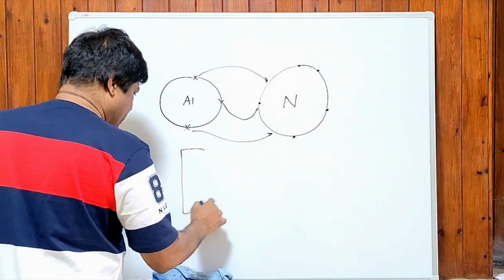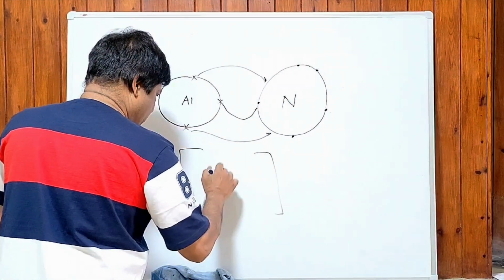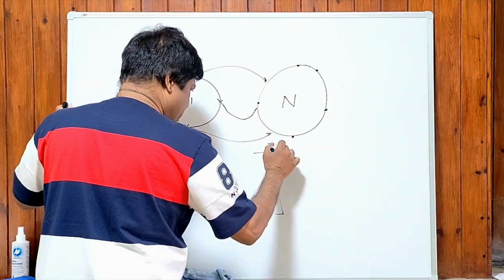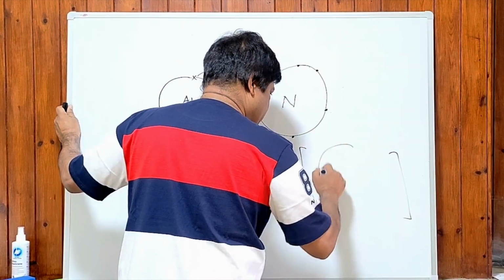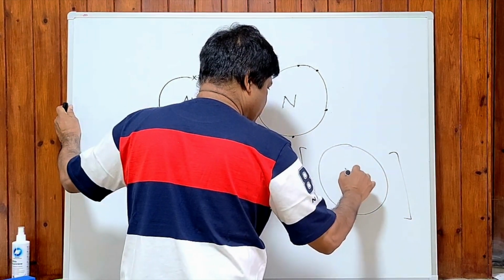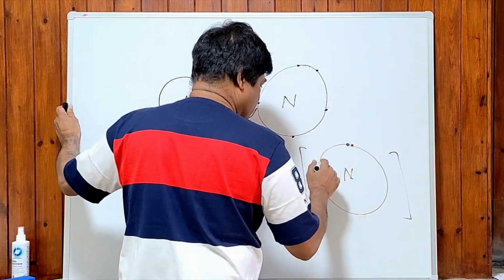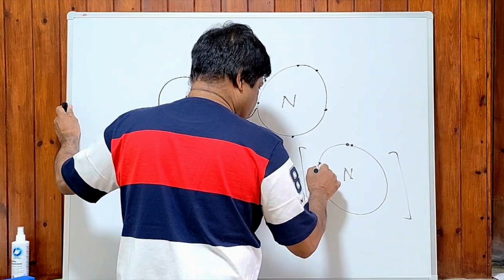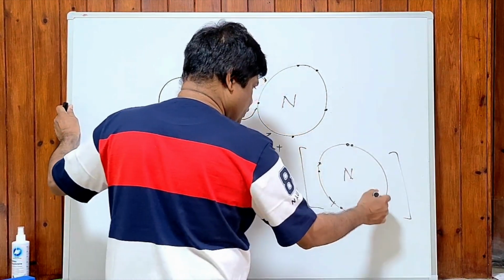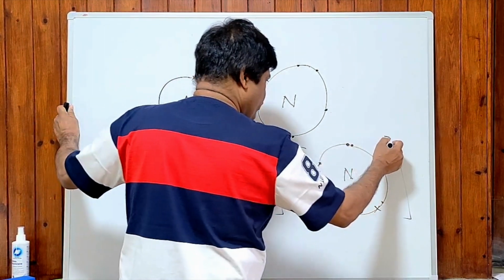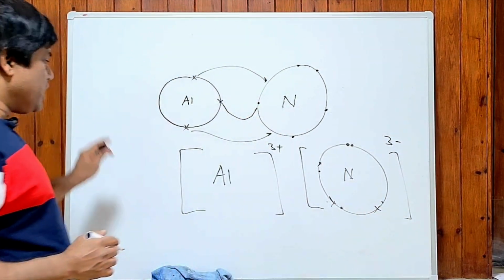So aluminium becomes Al3+, and the nitrogen becomes N3-, with dot and cross, dot and cross, dot and cross: 1, 2, 3, 4, 5, 6, 7, 8. 3 minus. So it is AlN.